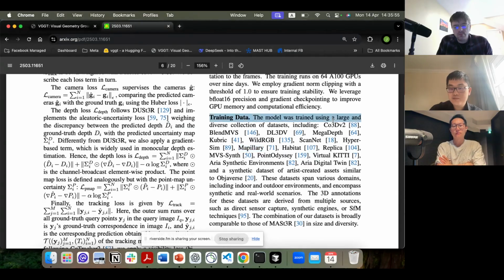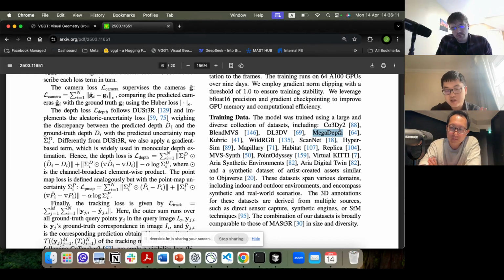Another point is about the COLMAP pseudo ground truth data like Co3D or MegaDepth. Their ground truth quality is not that high, and when we increase the proportion of such data, the performance has a clear drop.